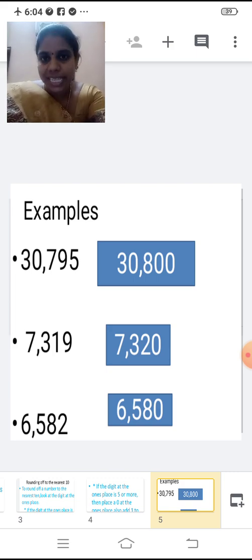Next one, 7,319. Look at the digit at the ones place. What number are we having? 9. It is greater than 5, right? If it is 5 or greater than 5, place 0 at the ones place. Then add 1 to the digit at the tens place.